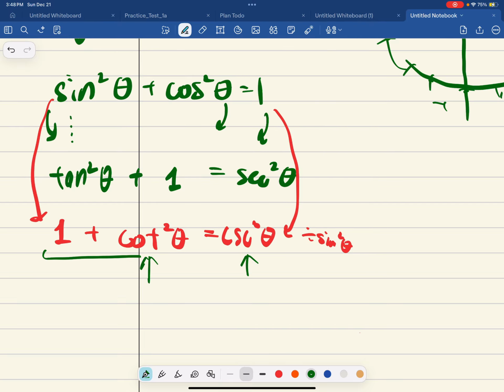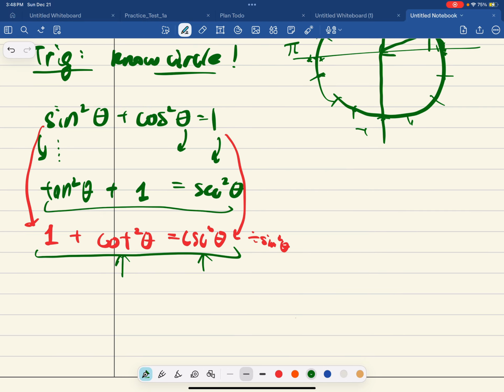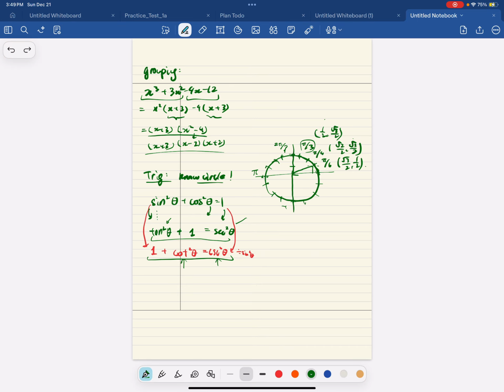Either way, you have this relationship, and by manipulating it algebraically, same goes for this one. Let's say you know some facts about tangent squared theta, but you don't know anything about secant squared theta. Then you can use this expression, by doing algebra, to find out whatever you need to find out.